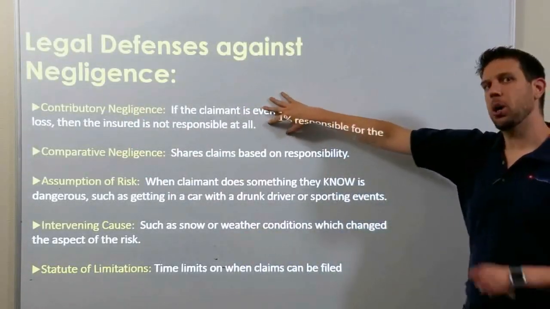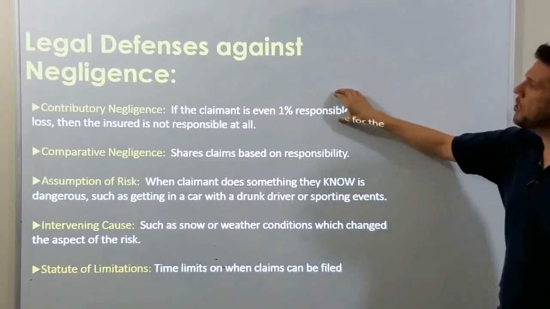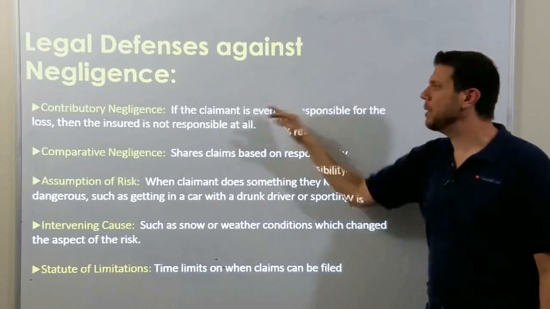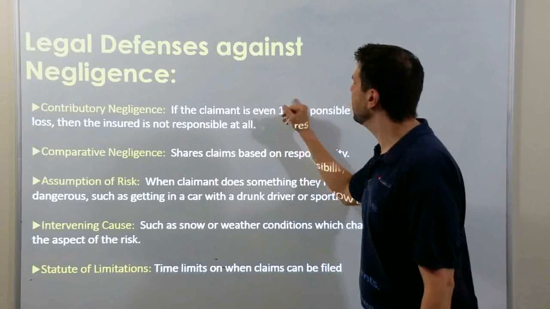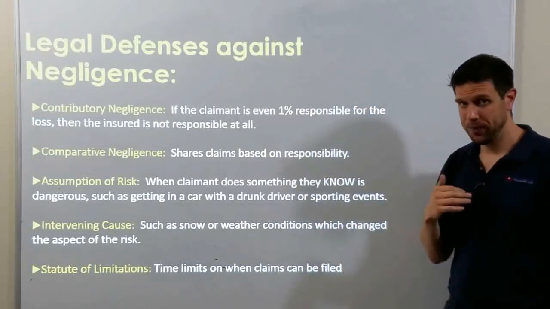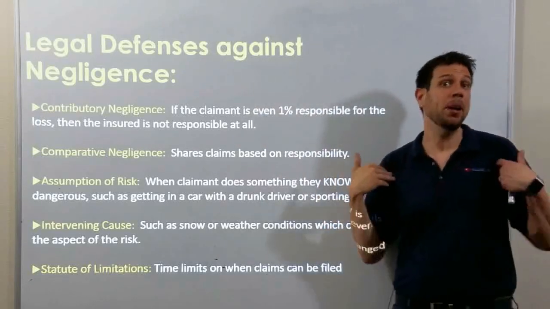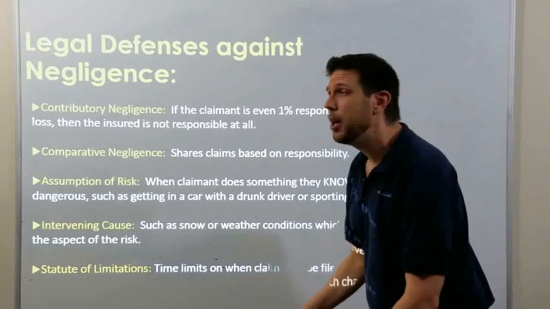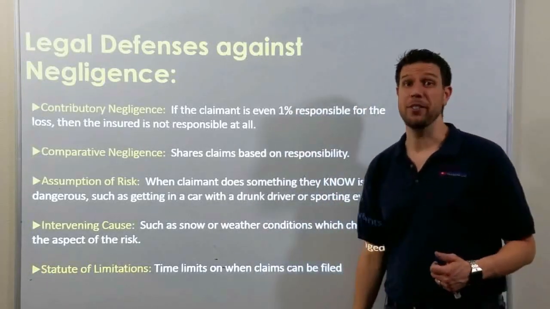Contributory negligence almost no states use anymore. Contributory negligence is also blaming the victim. This is where if the victim was even 1% responsible, they don't get any money. Contributory negligence, you would say, hey, I might have been doing 110, but he was doing 75, and the speed limit's 55.